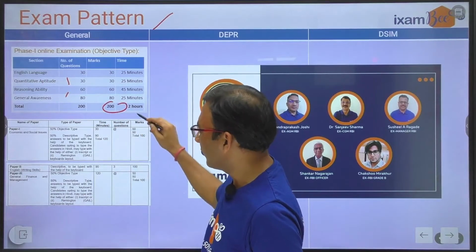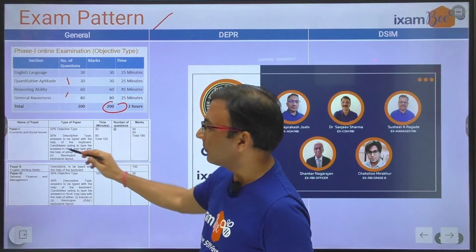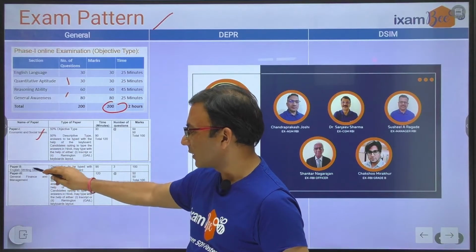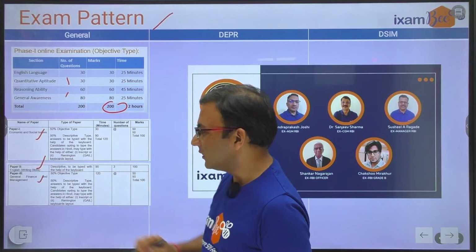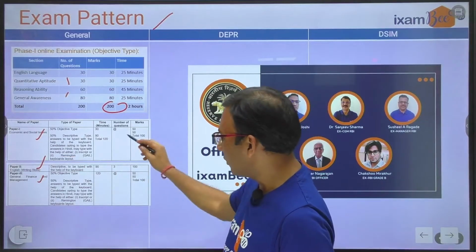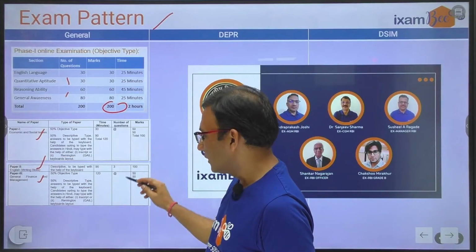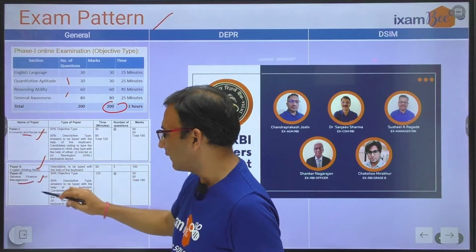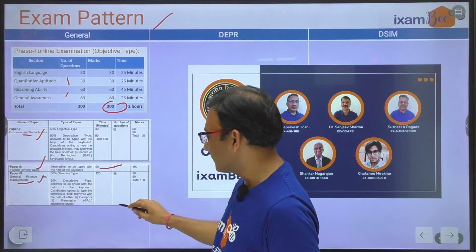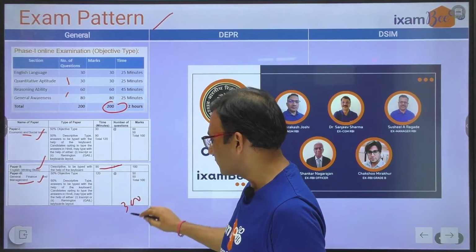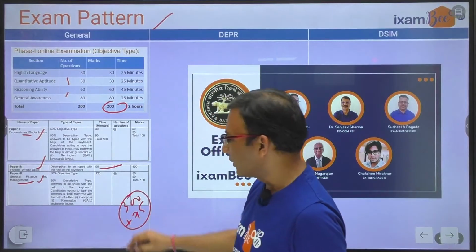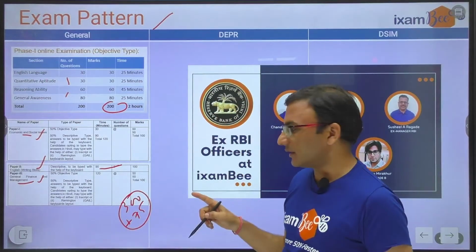You have to qualify this so that you can appear in the main exam, which consists of 3 papers: economic and social issues, paper 2 is English writing, paper 3 is finance and management, all 100 marks, 50% descriptive in ESI and FM. English is fully descriptive. All these 300 marks plus 75 marks in the interview is the criteria for final selection.